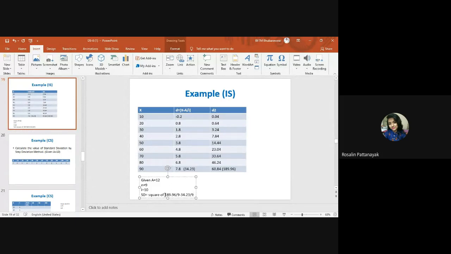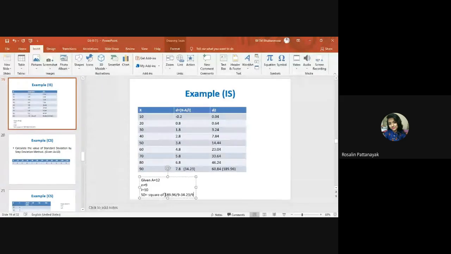Is it clear? Yes, sir. 21.10 minus 14.44, how much? 6.66. Square root of 6.66, the value 2.58, into 10.